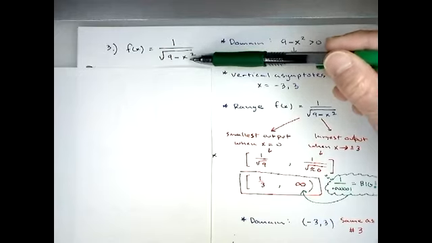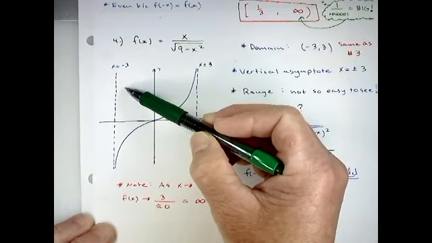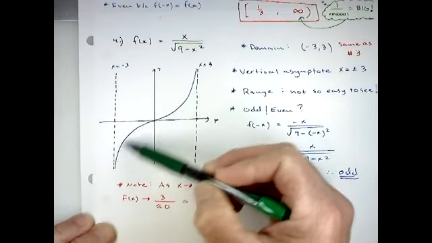So if you just imagined a number close to +3, what would happen if you plug that into your function? You would get 3 over a really tiny number. And as we discussed on the previous problem, when you get a number over a small number, that's going to get really big. So that would approach infinity. So that would show you that this half is going to go this way. Because it's an odd function, remember the symmetry about the origin, you could reflect the right half this way and then this way to get the left half.